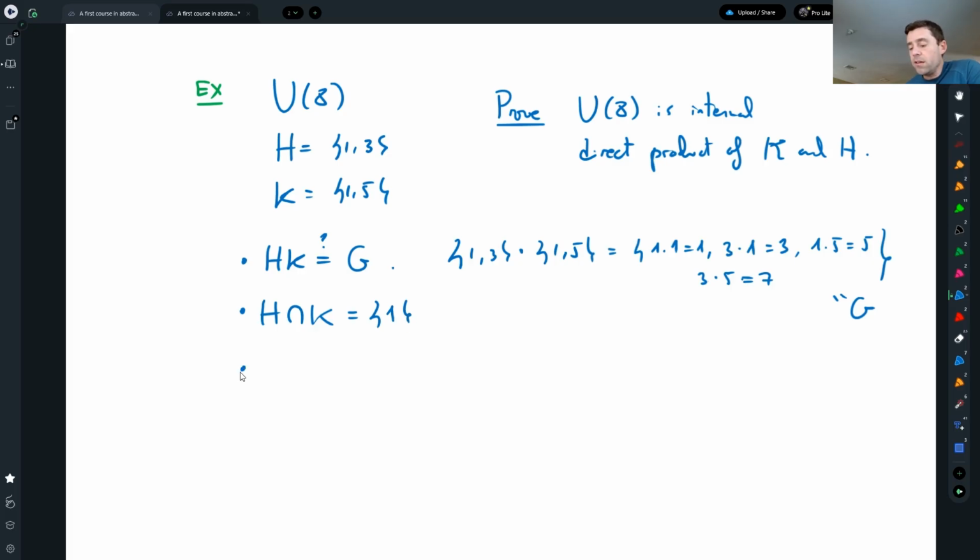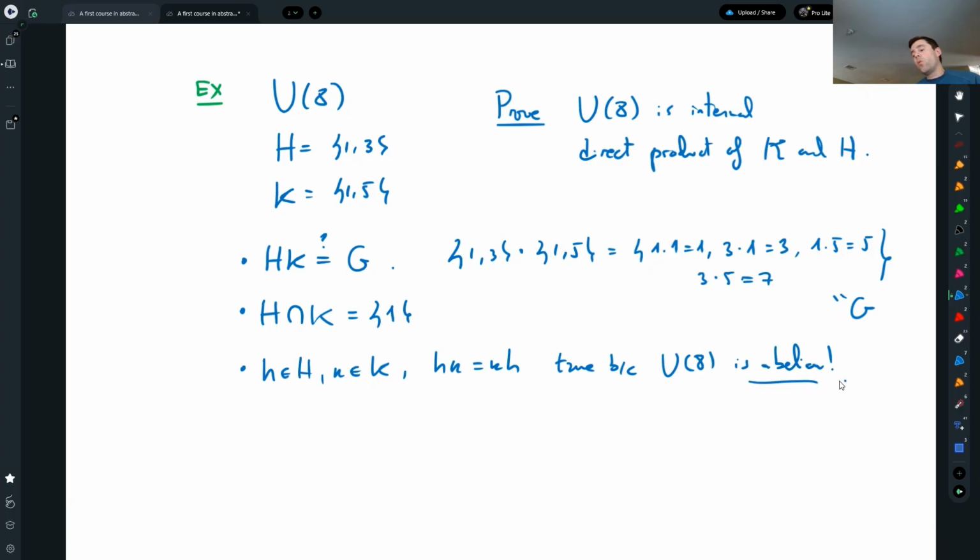And last, what do we need to check last? We need to check that everything commutes. So if I have h in H and k in K, I need to know that hk is the same as kh. But this is true because U8 itself is abelian.